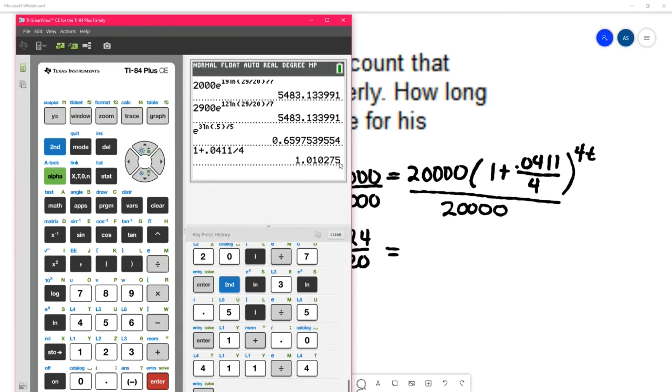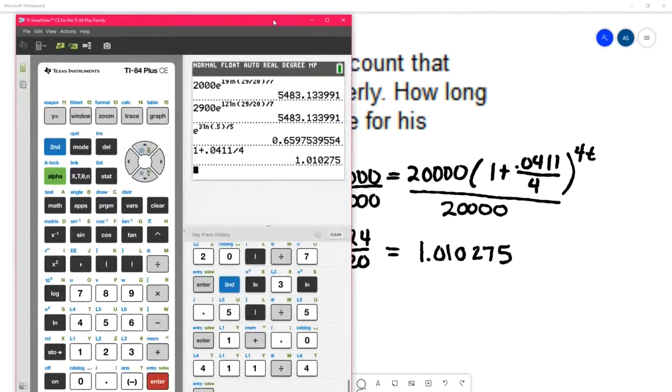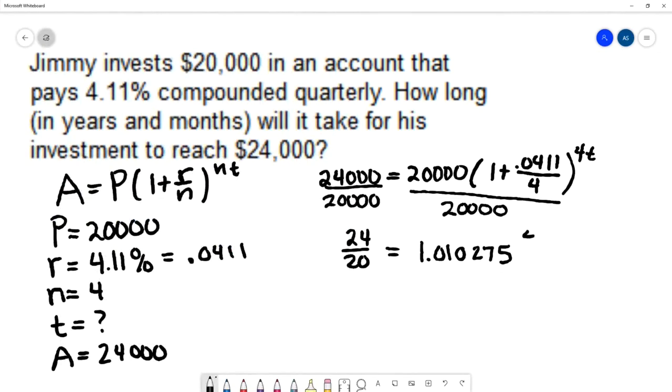Okay, so we do get a terminal decimal here, so let's write down 1.010275. Alright, I'm having a hard time with my decimals, so let's double check. 1.010275. Okay, we've got that right. And that's to the 4t.